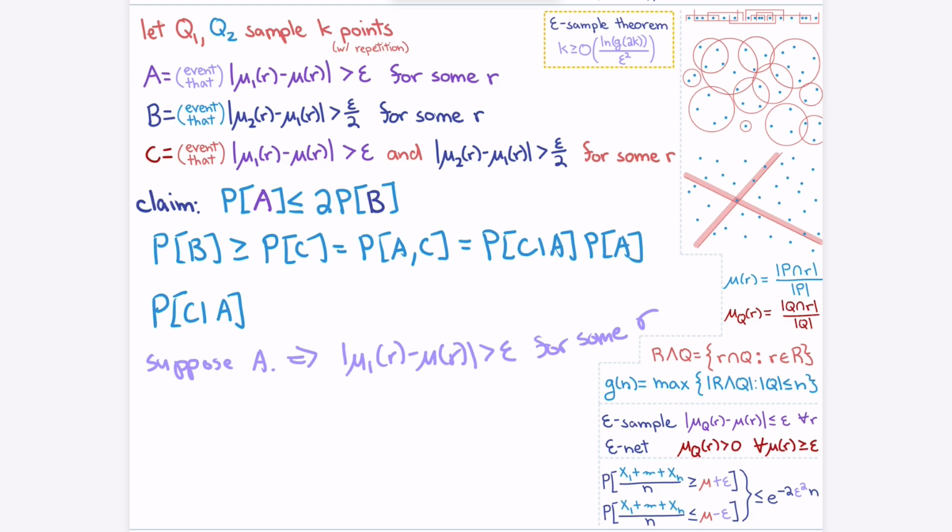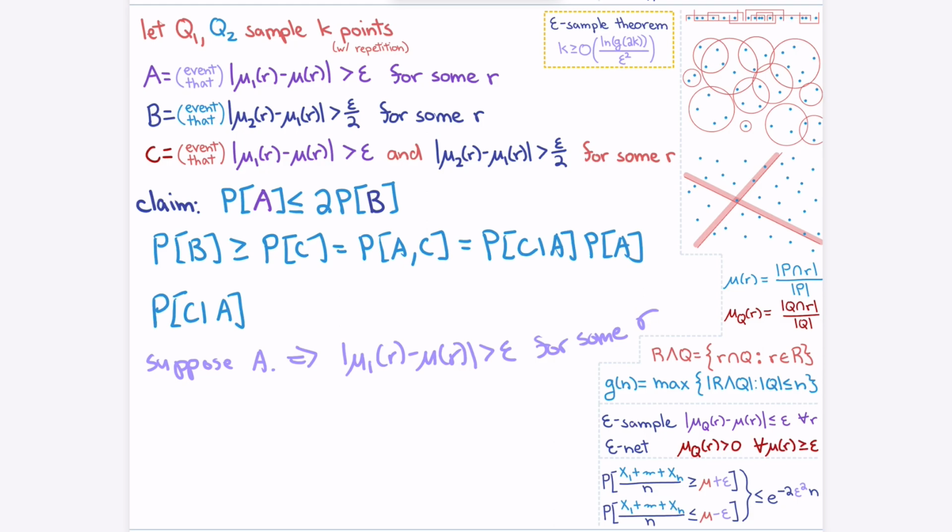So let's just fix that r. There's some particular r. And what are the odds that mu2 and mu1 differ by more than epsilon? What's the intuition at least? I want to argue that this event is at least 1/2 or something. So I want to argue that mu2 and mu1 are probably off from each other on this particular range R. So what's the intuition? mu2 is independent, so mu2 probably gets R correct. And mu1 already got R wrong.